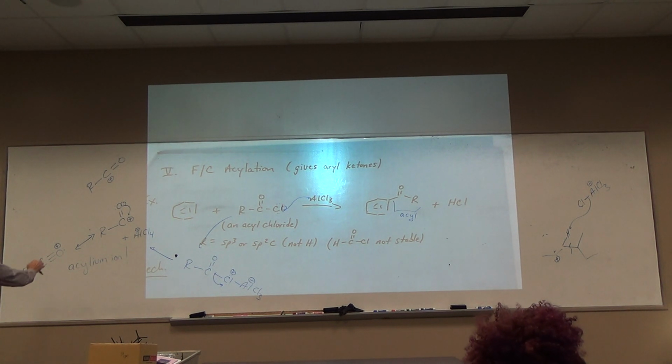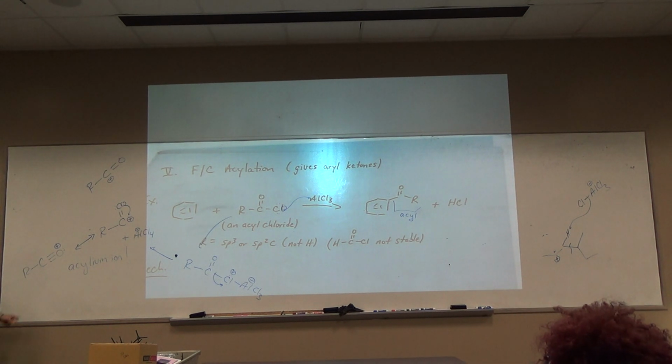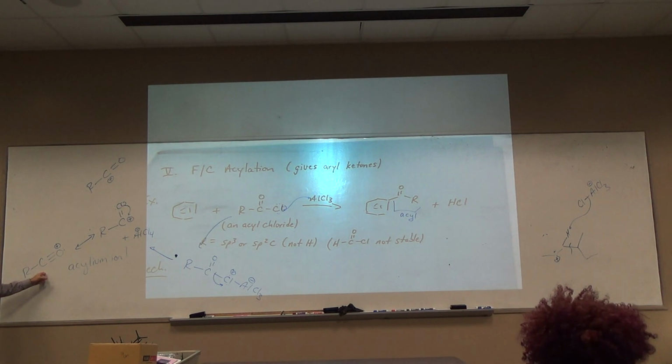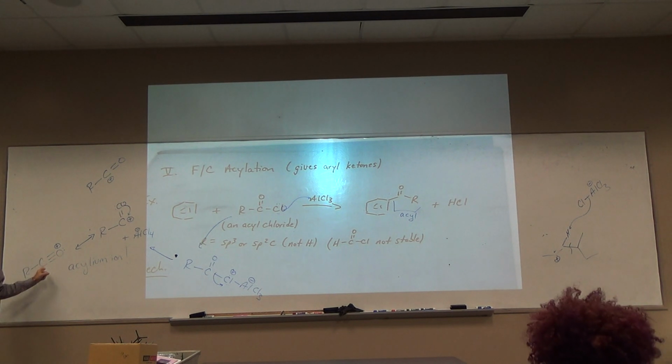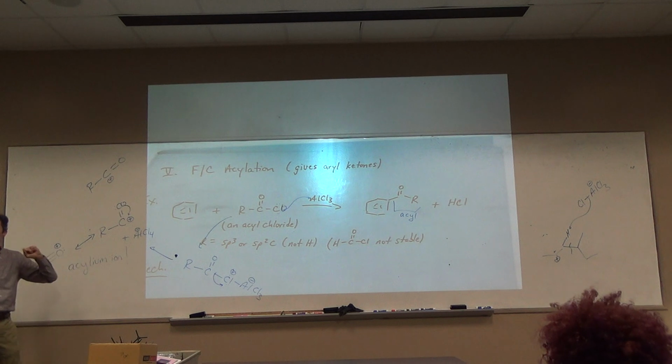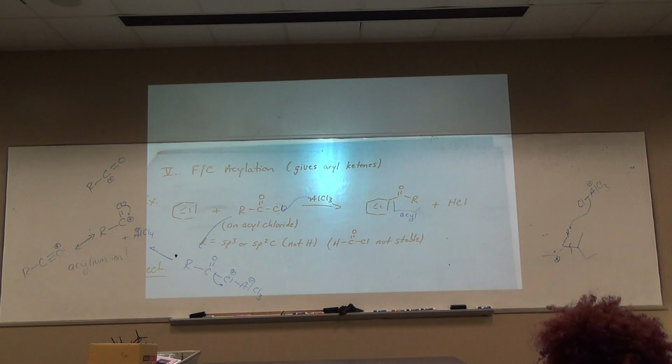Which is the major resonance structure of the acylium ion? Left. I didn't do that one. Why this one? Because the charge is better on the oxygen and the carbon? Well, that's actually not the good reason. Oxygen doesn't want to be positive. Carbon is more likely to be positive. More bonds, more bonds, more bonds. That's the reason.